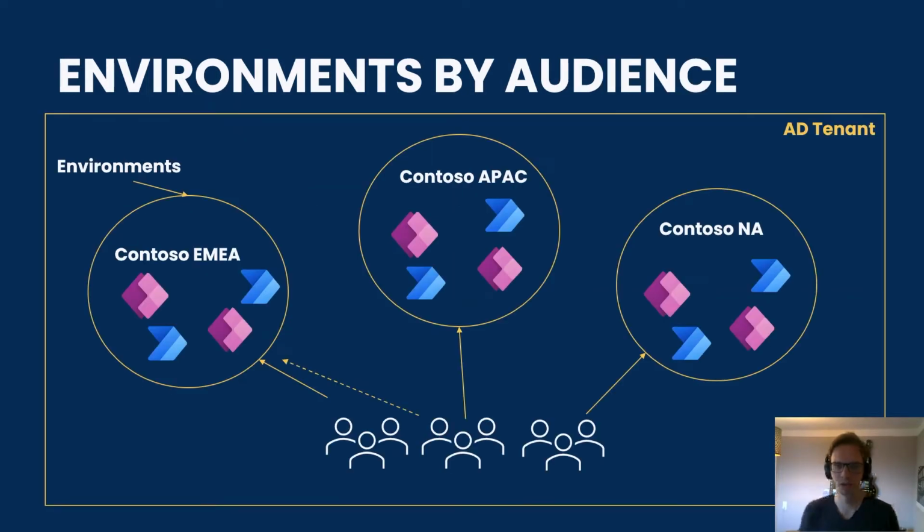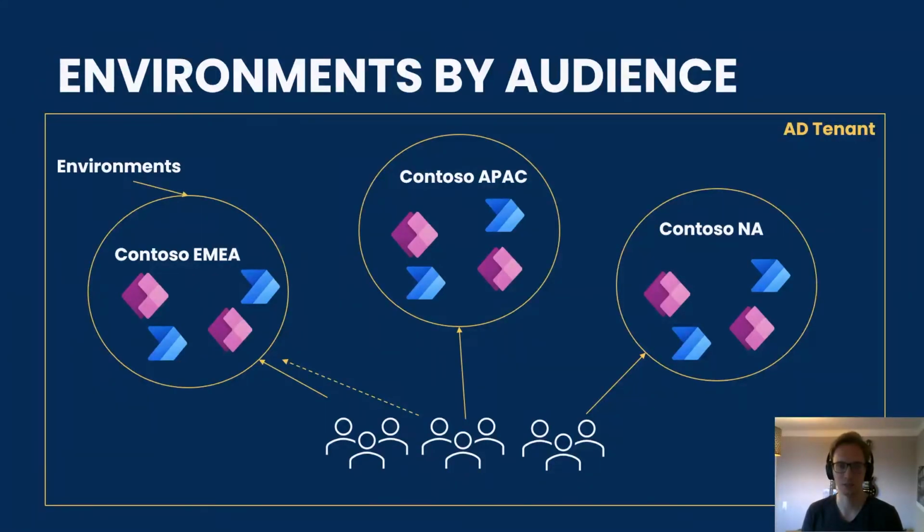So here's the example of how you can imagine those environments. You have your Azure AD tenant in here, and inside of your subscription or inside of your tenant, you have different environments. And in this case, we have one for EMEA, APAC, North America. Those locations, or the audience that are using applications, should be connected to those environments.